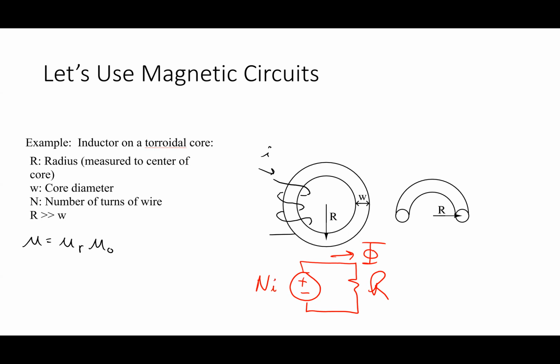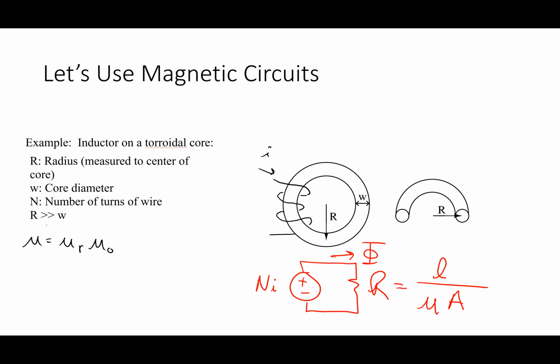What's the hard part? The only hard part is actually finding the reluctance, and it's not that hard. But what's hard about it is figuring out how to do that. So the formula for the reluctance is the length that I go through divided by mu times the cross-sectional area. What's the length? It's basically the length that the flux would move through.